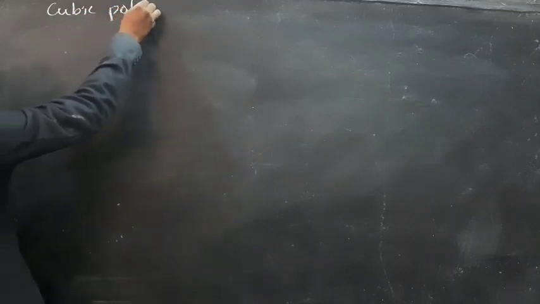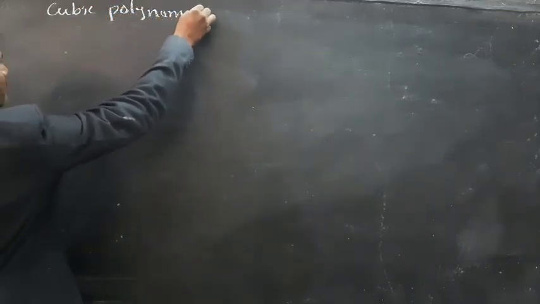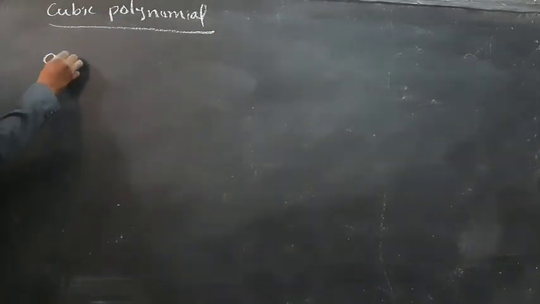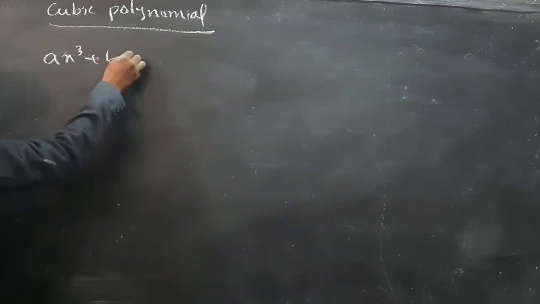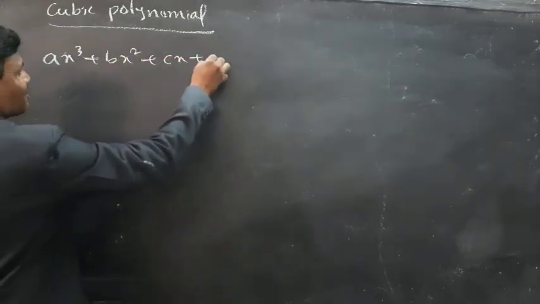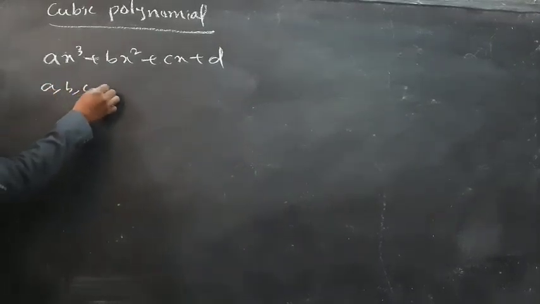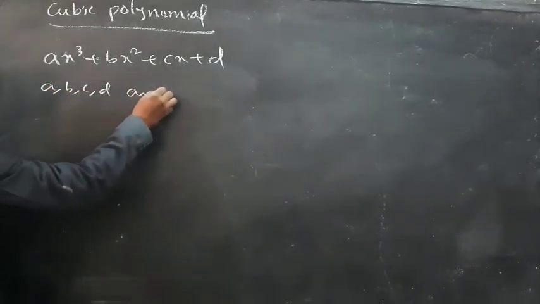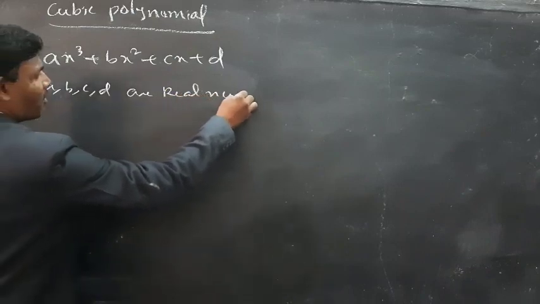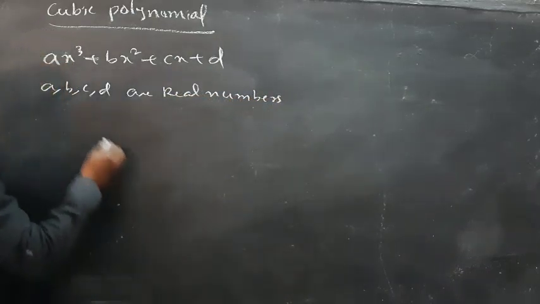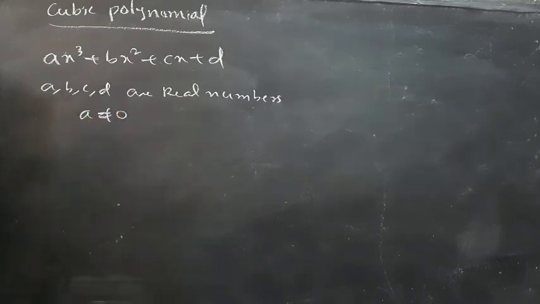10th class students, here is another concept: cubic polynomial. Generally ax cube plus bx square plus cx plus d is called a cubic polynomial, where a, b, c, d are real numbers and a is not equal to 0.